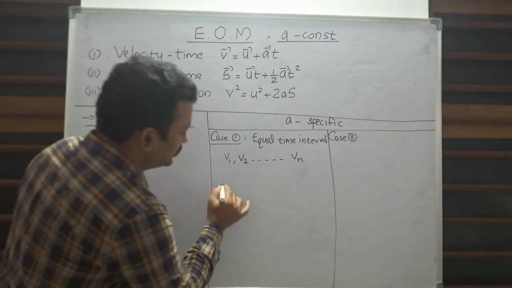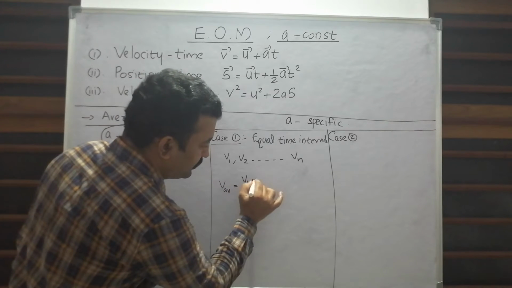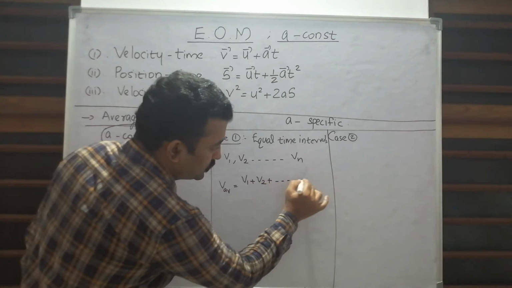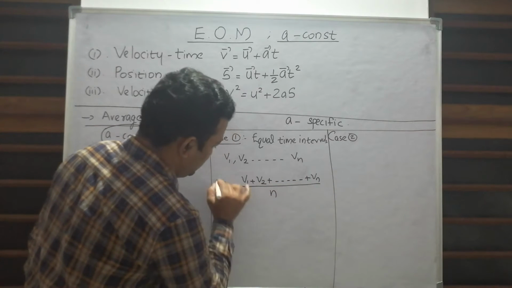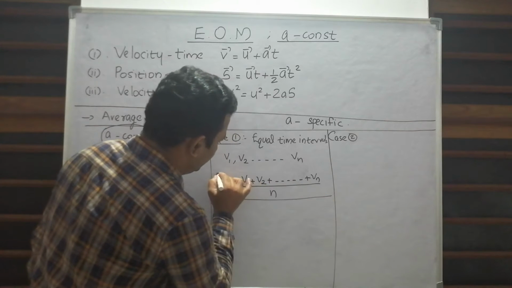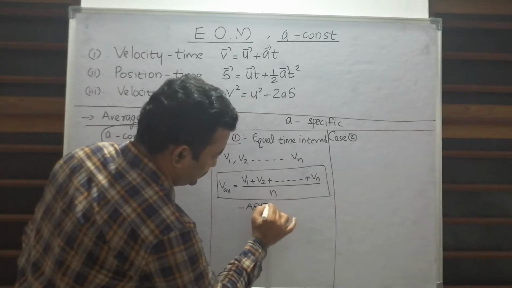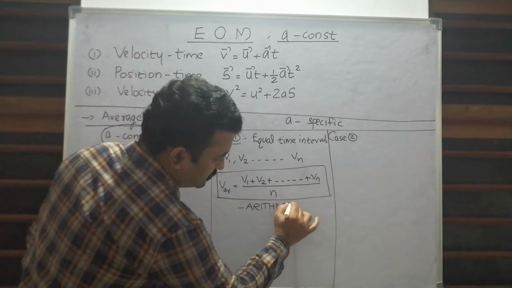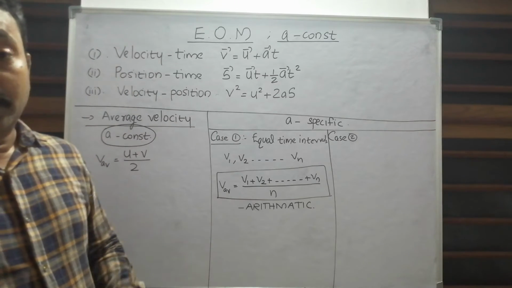For that, the expression for the average velocity is v1 plus v2 up to vn whole divided by n. This expression in mathematics is known as the arithmetic mean.